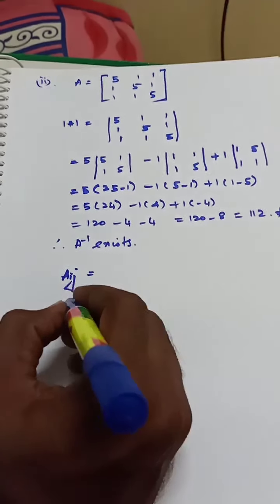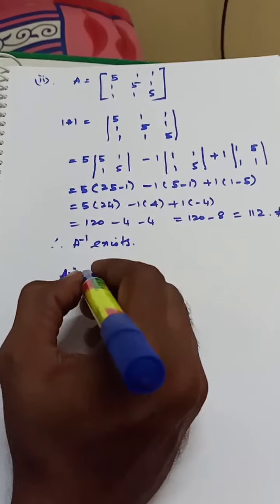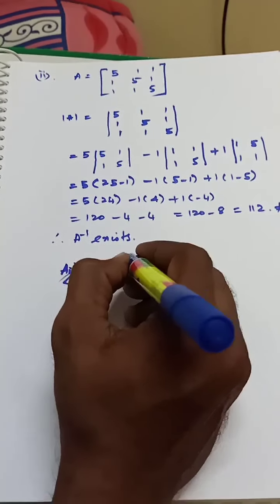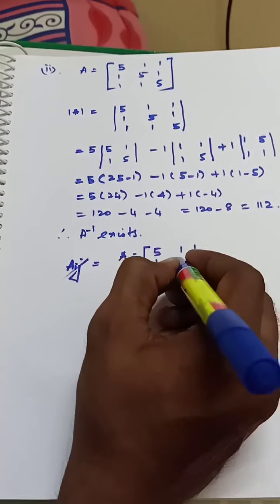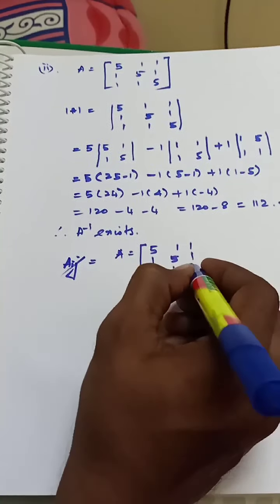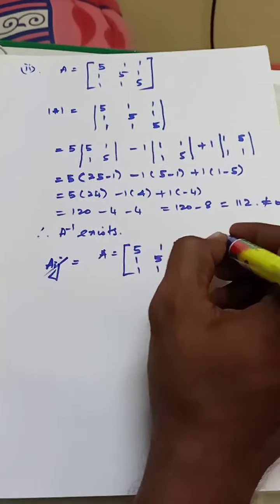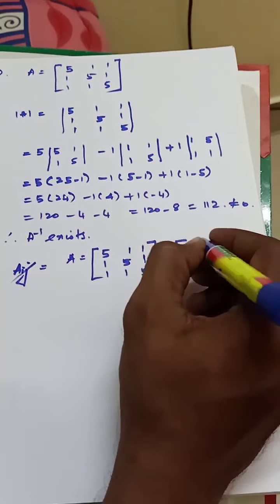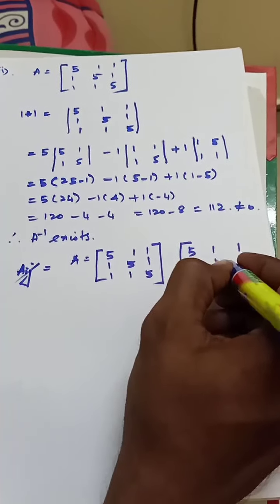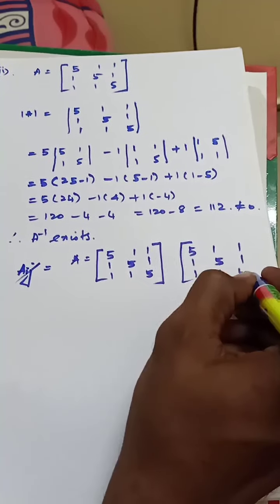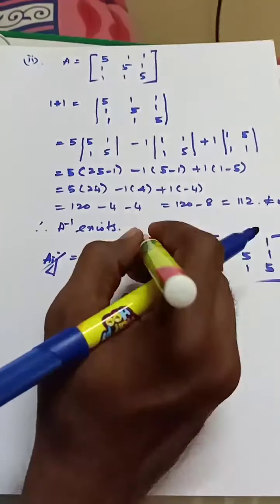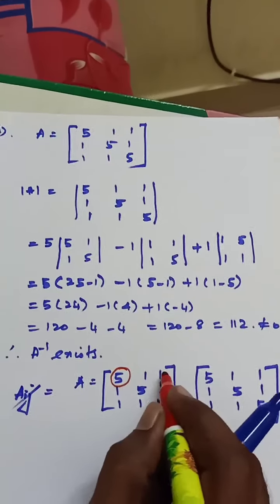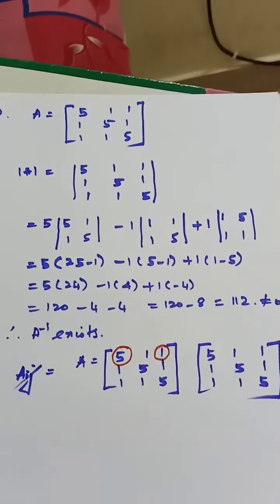By the four corner method, we can write A two times first, where A is 5, 1, 1, 1, 5, 1, 1, 1, 5.